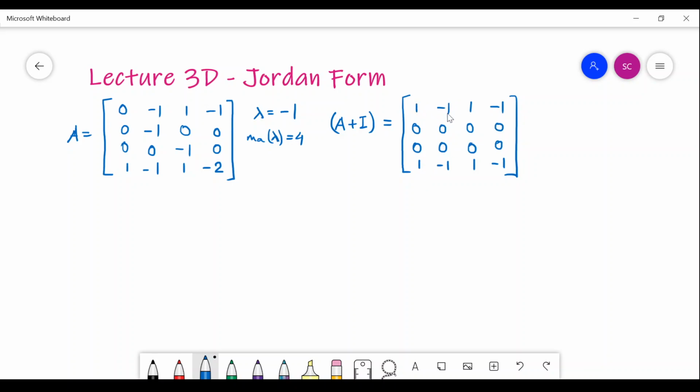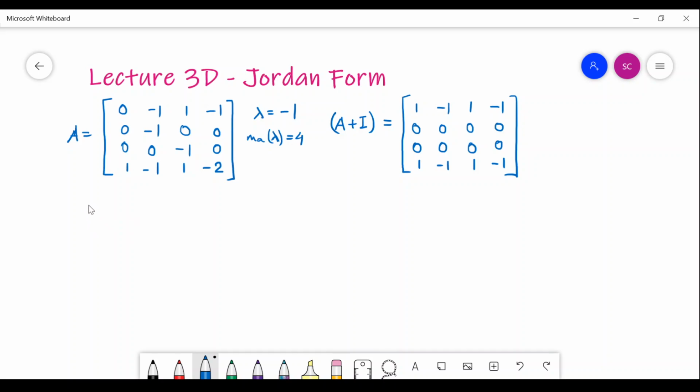Basically this is minus of that. So the initial eigenvectors that you would be able to figure out are three eigenvectors. So what would be those eigenvectors?